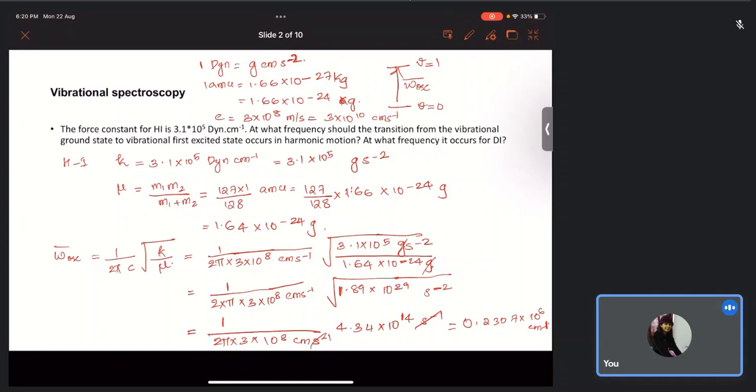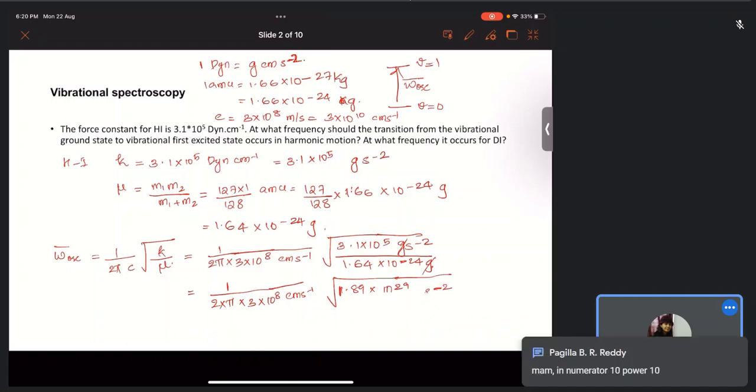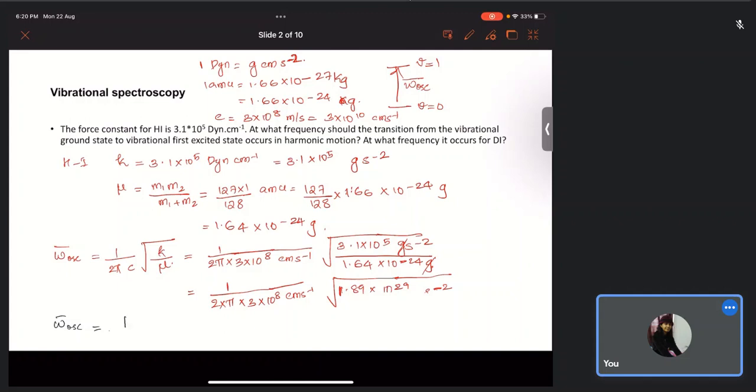Let me just figure out. Okay, that is because this should be 10 to the power 10 centimeter second inverse. I had written the value for meter second inverse. Sorry about that.